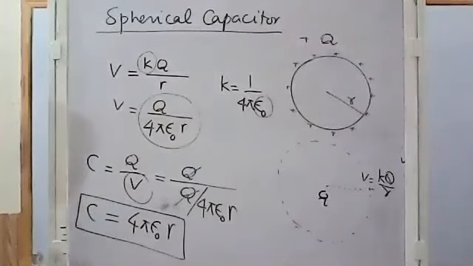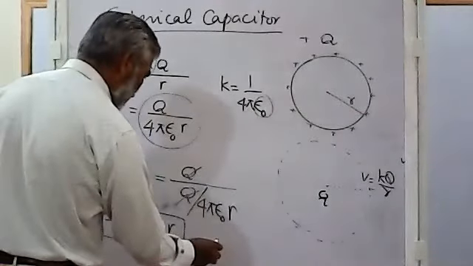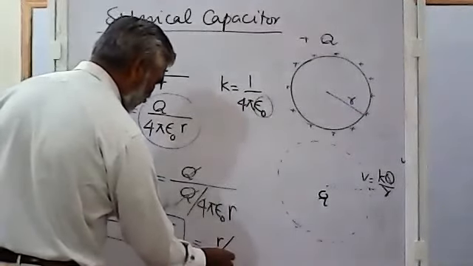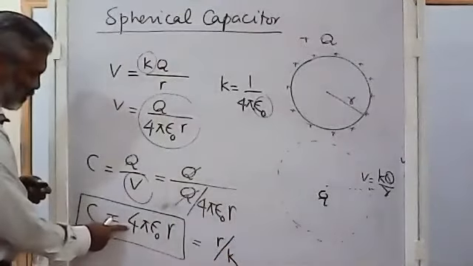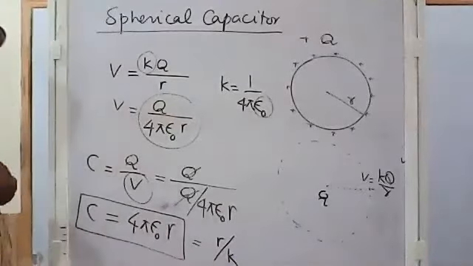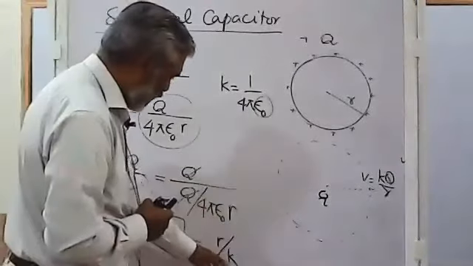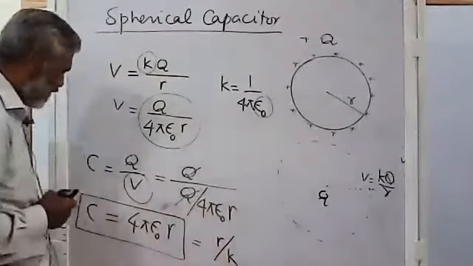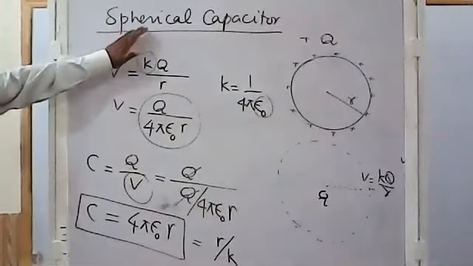And if I want to write this in terms of K, it simply is R over K, because this is 1 over 4 pi epsilon naught times that is equal to K. So 4 pi epsilon naught is 1 over K. So R over K is actually C, which is the capacitance for a spherical capacitor.